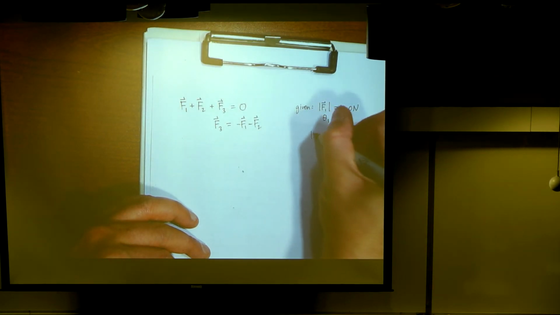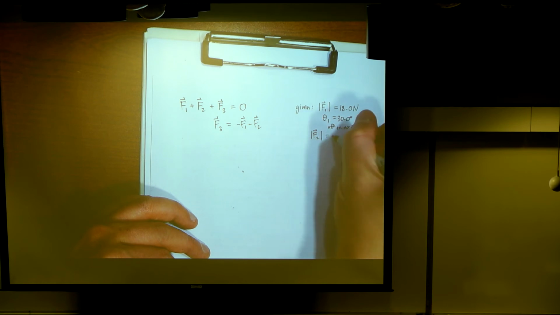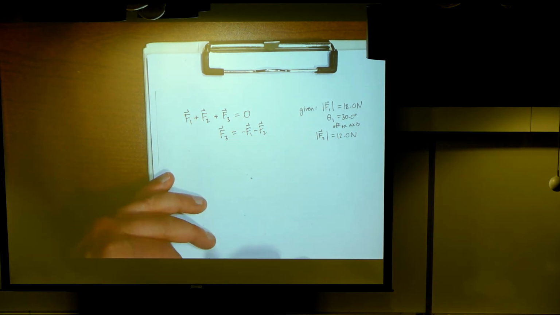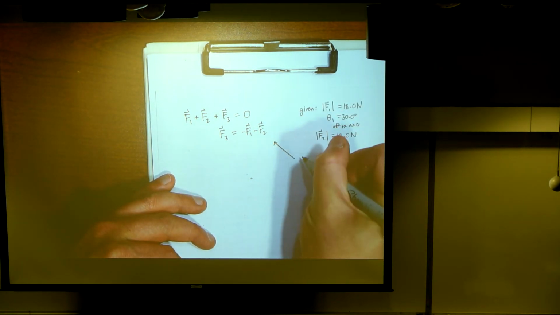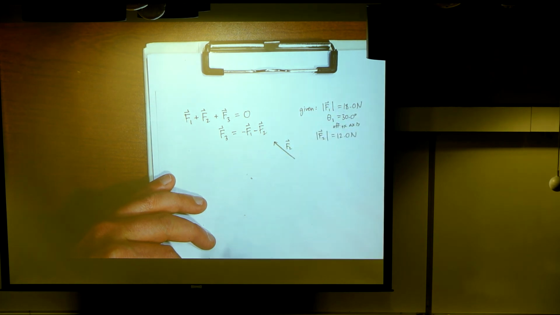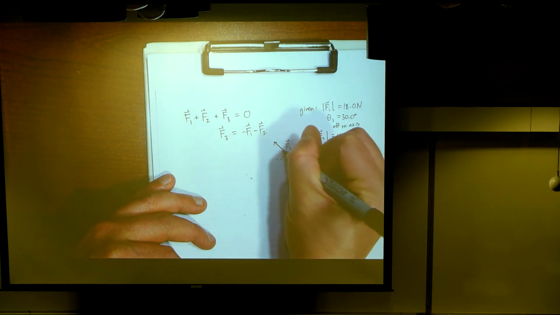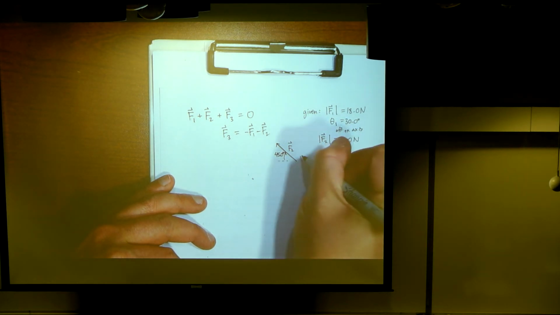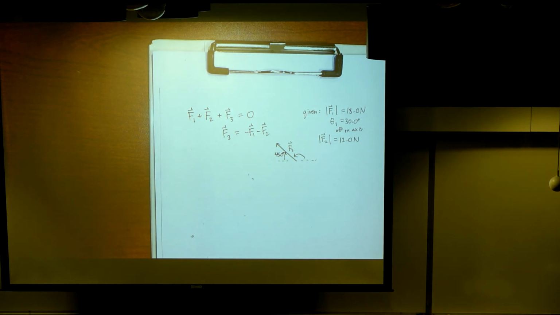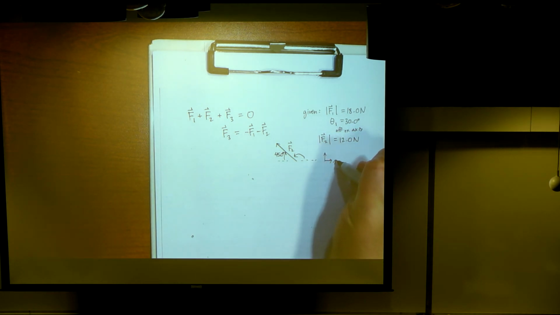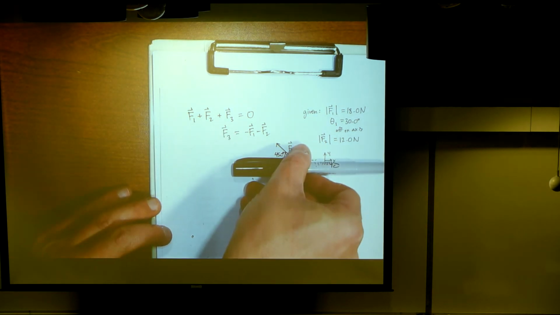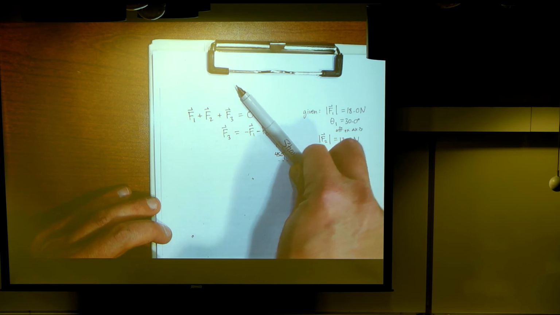What about F2? This one had a magnitude of 12 newtons. And what about the angle? Let's actually just do a quick sketch of this to remind you what this looks like. F2 was off over here, and we were given that this angle was 45 degrees. But what I want is the angle going this way off the positive x-axis. If we have xy like this, the standard way to measure the angle is to start at the positive x-axis and then go counterclockwise from there.